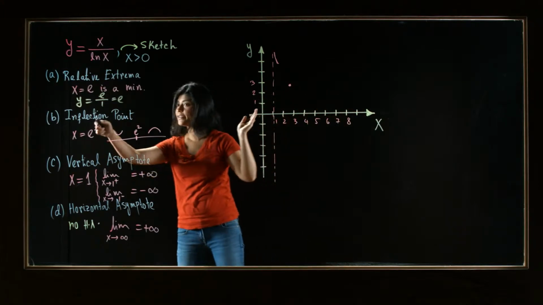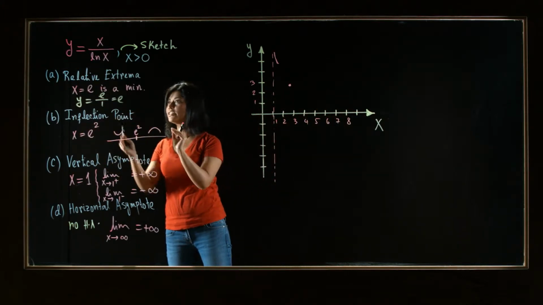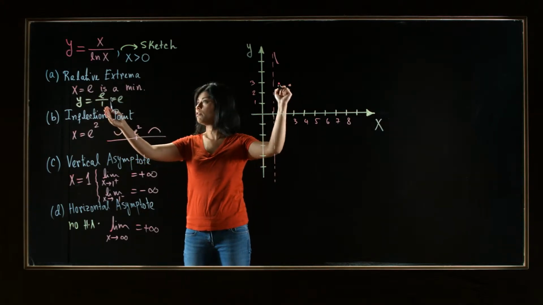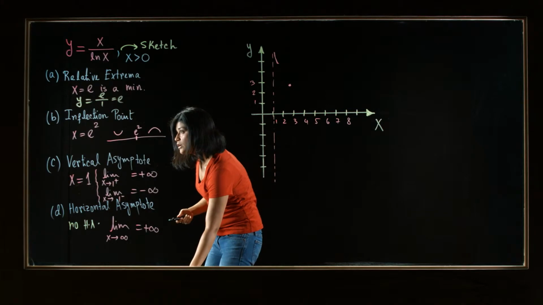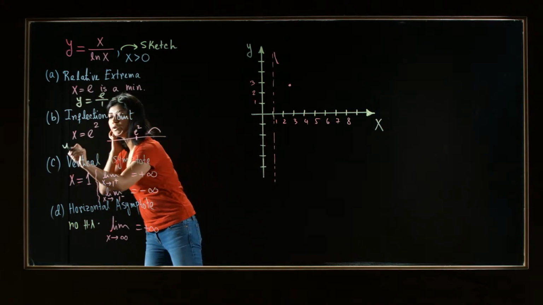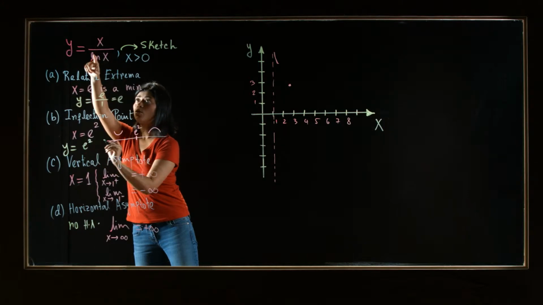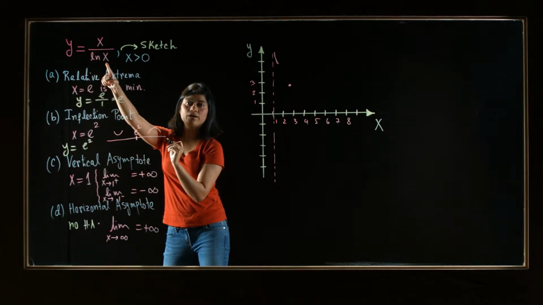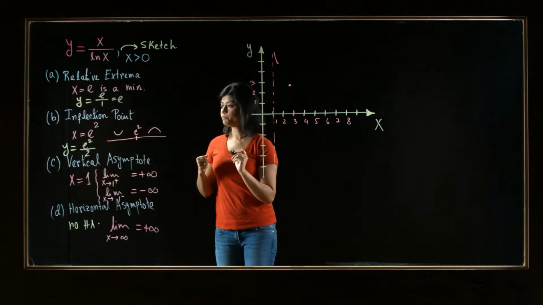But in the middle, there is an inflection point. So there are lots of information. So let's plot these points first. This is a point on the graph. Now the inflection point will be another point on the graph. Let's figure out the y value for this one as well. So y will be e square over natural log of e square, which is 2 by using the property.